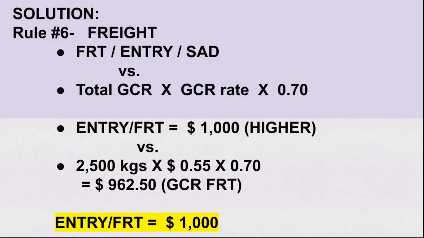So our entry freight given in the problem is $1,000, versus the 2,500 kilograms total GCR times the GCR rate of $0.55 times 0.70, and then we have $962.50 GCR rate freight. So, as you can see, the $1,000 entry freight is higher. So, this is our dutiable freight of this problem.